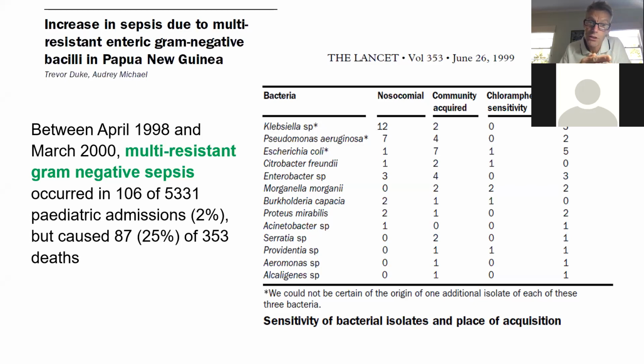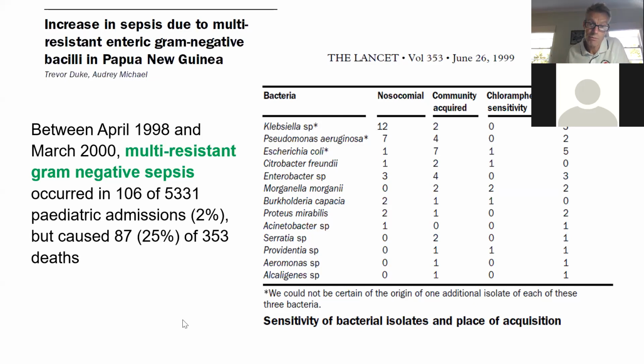Antibiotic resistance occurred in just 2% of all admissions, but it caused 25% of all deaths. And so what you'll find in your hospitals is that even though antibiotic resistance isn't very common, 2% of all admissions, that's quite uncommon, but it causes a disproportionate number of deaths.